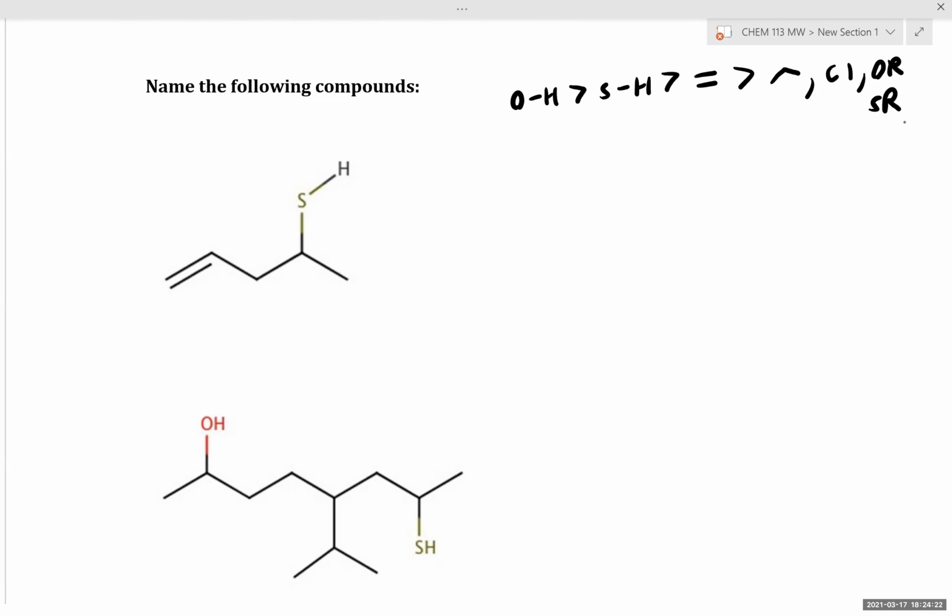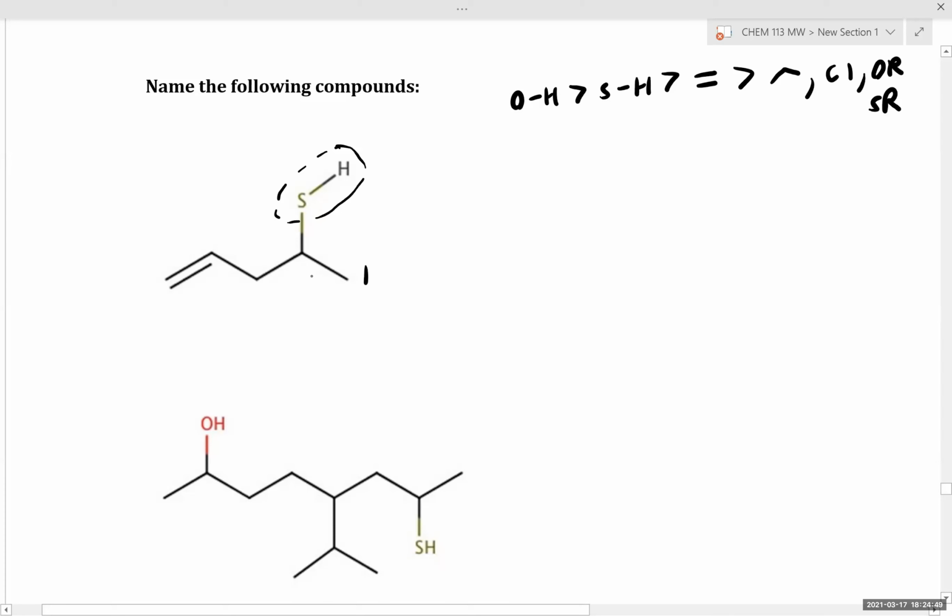So the mercapto prefix is primarily used. The mercapto prefix is used if the thiol is a substituent, and it's commonly used when the thiol is not the highest priority group. So since the thiol is the highest priority group, its suffix will dominate the name.